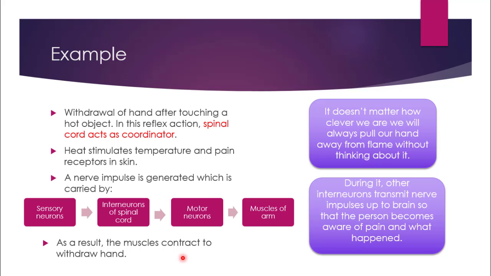As a result, the muscle contracts to withdraw your hand. And during all this activity, other interneurons transmit the nerve impulse up to the brain as well, so that the person becomes aware of the pain and what happened. This is also very important. So the person may get an idea that touching the hot object is painful and dangerous.